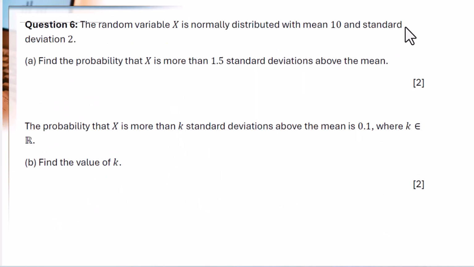Let's go to question 6. The random variable x is normally distributed with a mean 10 and a standard deviation 2.